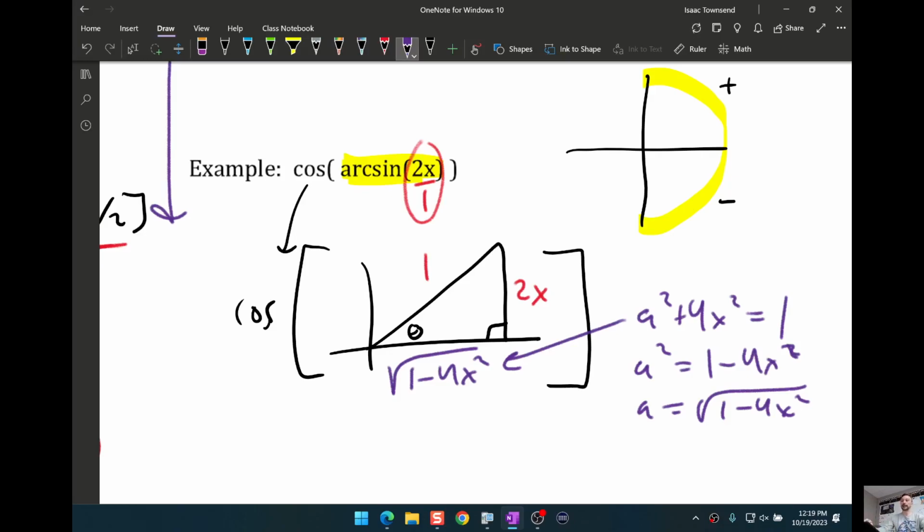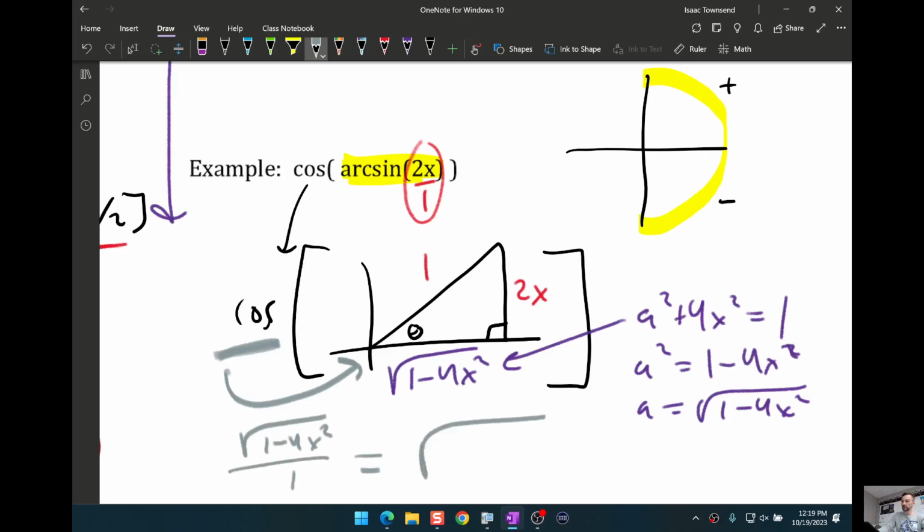And then finally, the last SOHCAHTOA, you get to worry about this. This wants to know what's the cosine of that angle, and cosine is adjacent over hypotenuse. So the answer to that question would be the square root of 1 minus 4x squared. All I need you to see out of this question right now is that 2x over 1 is not a unit circle ratio, and that's how I knew I had to make a triangle.